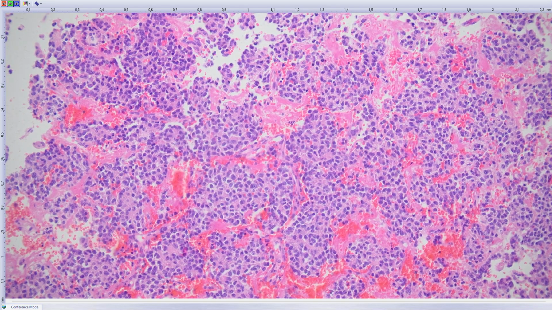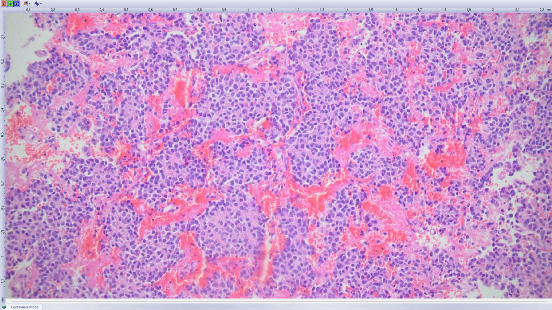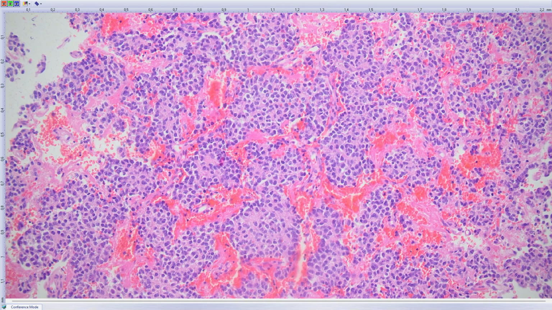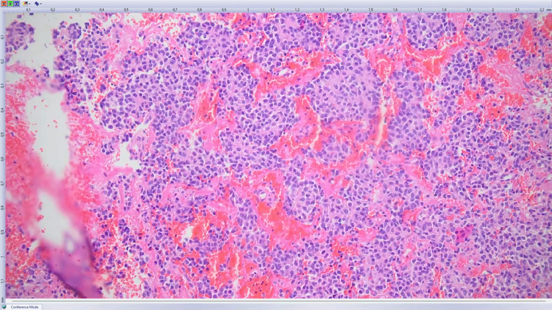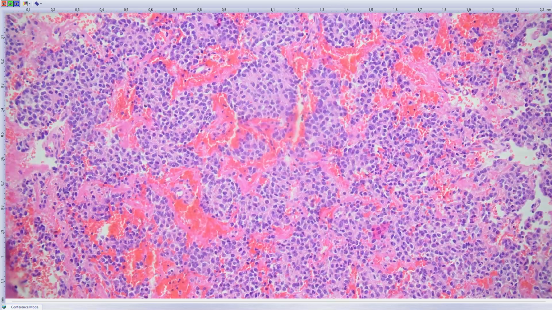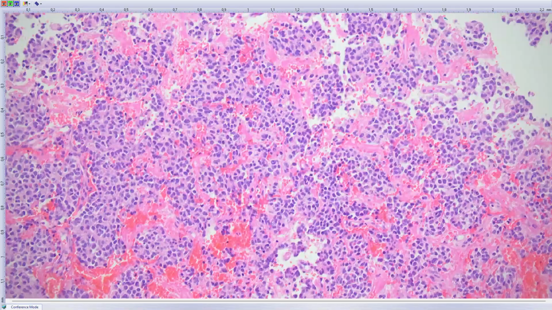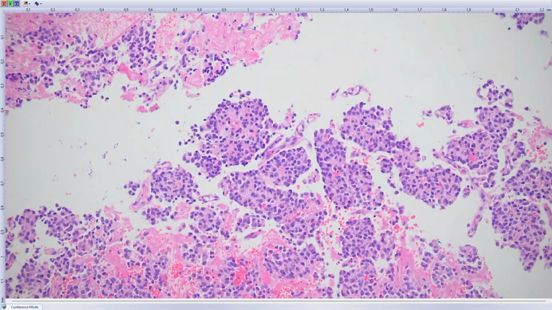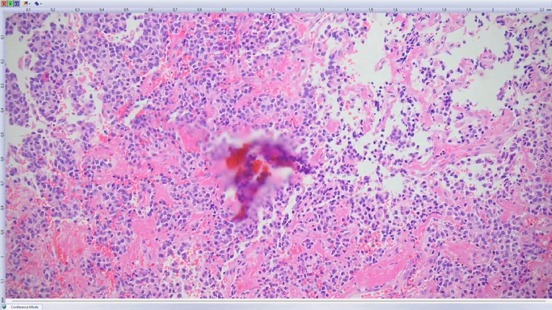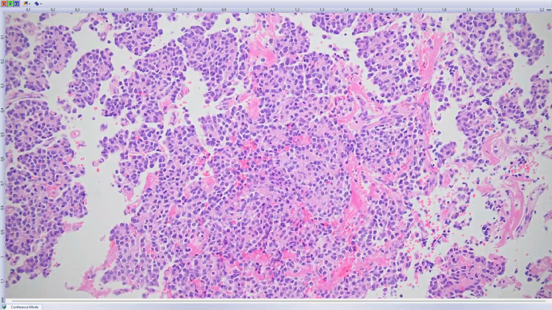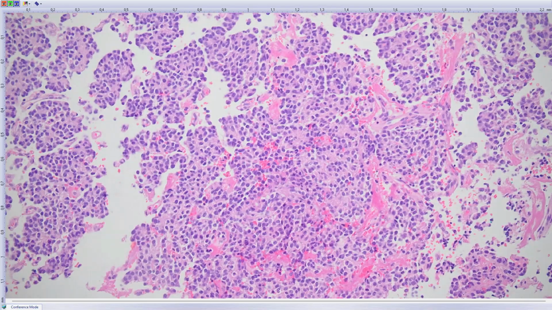And you can see this very monotonous proliferation of these cells with some pseudo-rosetting or maybe some rosetting pattern. So it looked like, could it be some metastatic neuroendocrine tumor? Maybe, yeah. Could it be something primary? Of course, could be. Not many mitotic figures were present.